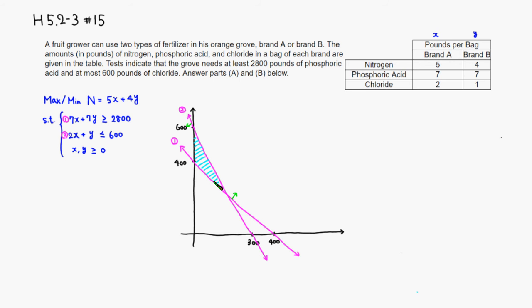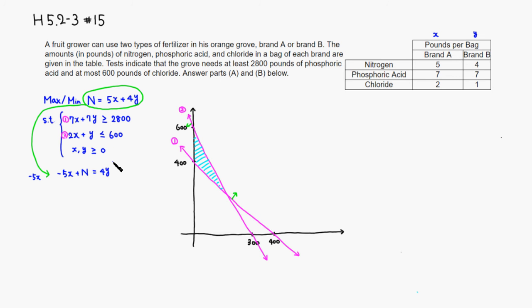Then what we want to do is maximize and minimize this N function. First I'm going to rewrite the objective function over here. I'm going to subtract 5x from both sides, so we get negative 5x plus N is equal to 4y.